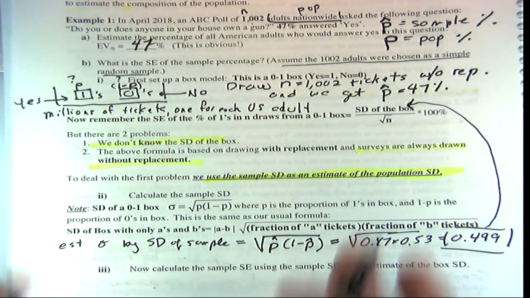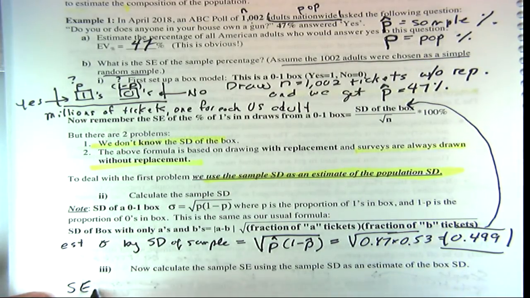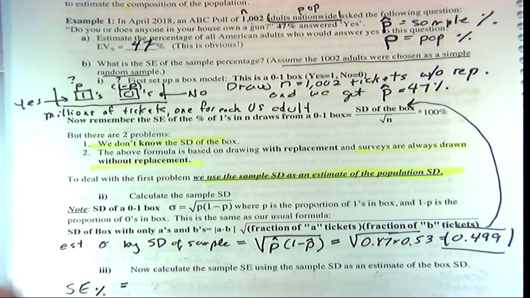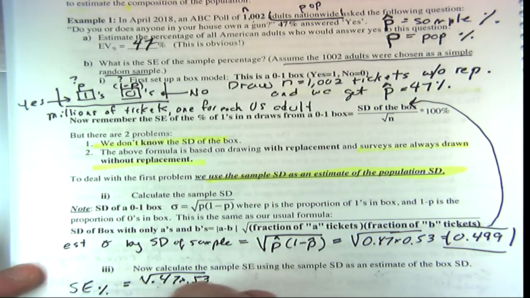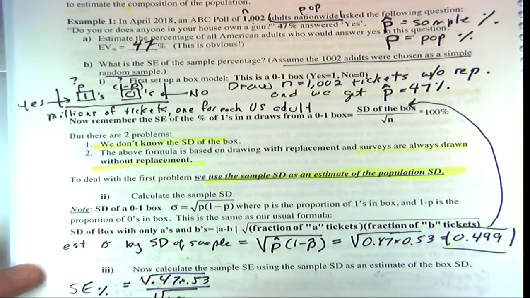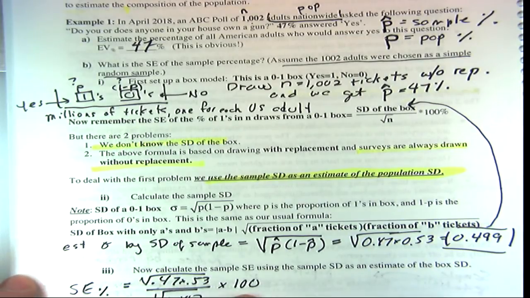All right, let's do that. So our standard error for the percent is going to be, I'll just write it all out, 0.47 times 0.53 over the square root of n, and n is 1,002. And then this 100 is just to change it from a decimal to a percent.